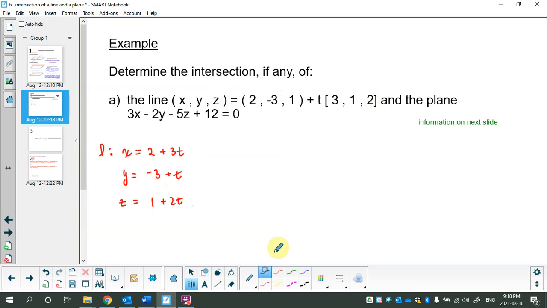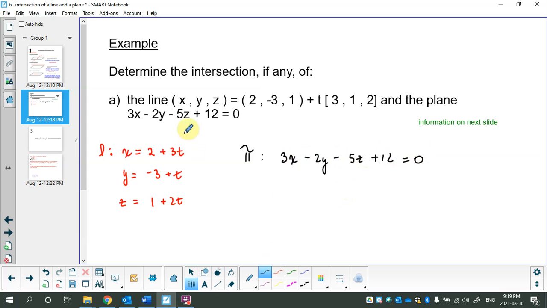And then we have our plane. The plane has this Cartesian or scalar equation.